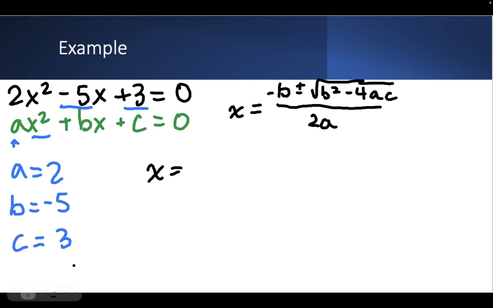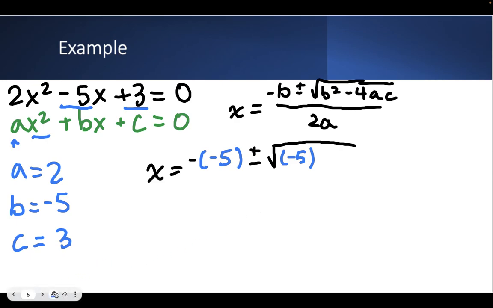So we have minus b, and our b is negative 5, so I'll do this one in blue, minus negative 5. Then we've got plus or minus the square root of b squared, so b is again negative 5, so we're going to square that whole value of negative 5, including the negative, minus 4.